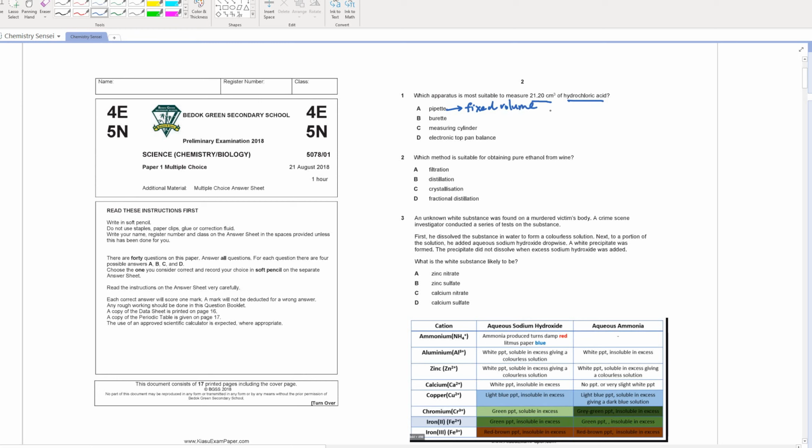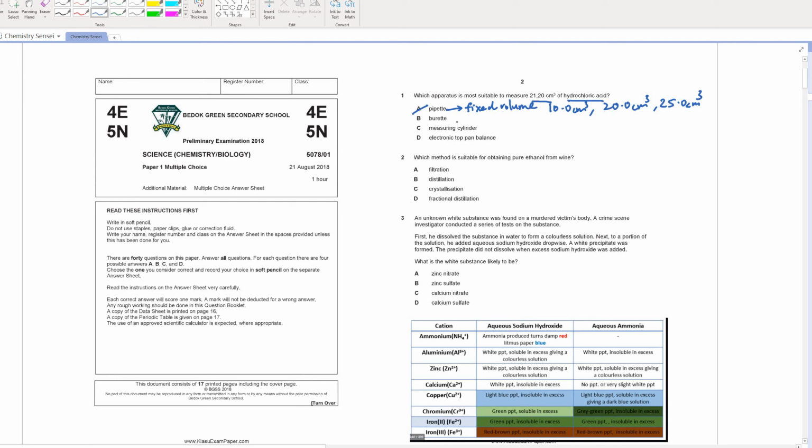They can be 10.0 cm3 or 20.0 cm3 or 25.0 cm3. This depends on the size of the pipette found in the school laboratory. As a pipette is used to measure a fixed volume of 10, 20 or 25, option A cannot be the answer.